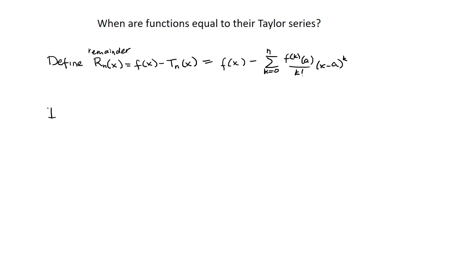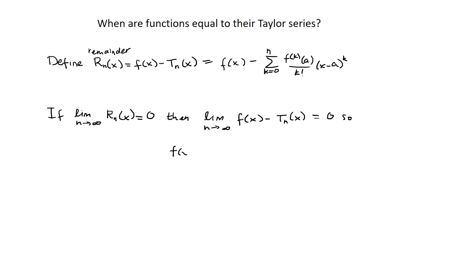If we can show that the limit as n goes to infinity of this remainder function at x is equal to 0, well, that means that the limit as n goes to infinity of f(x) minus the nth partial sum of the Taylor series is equal to 0.